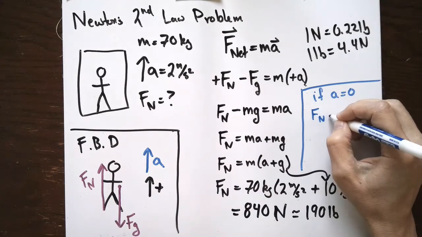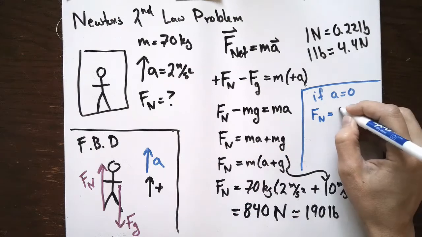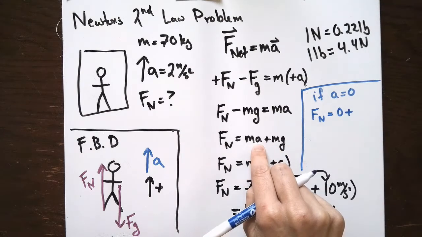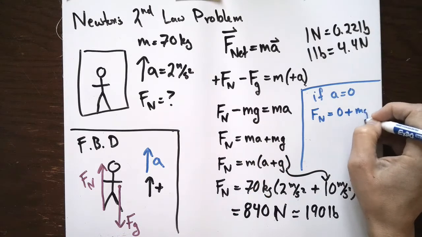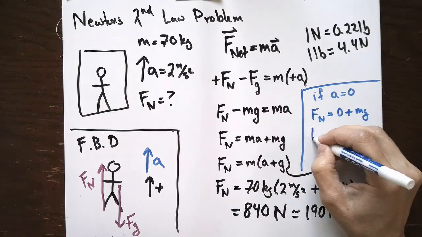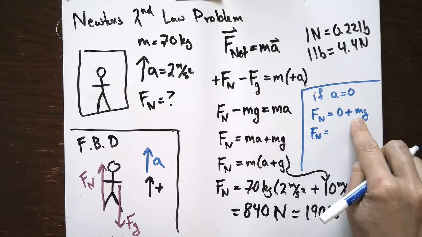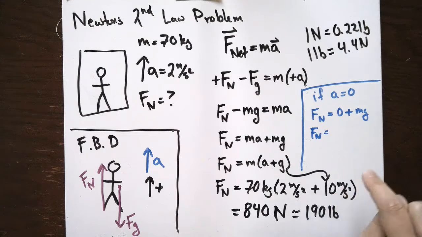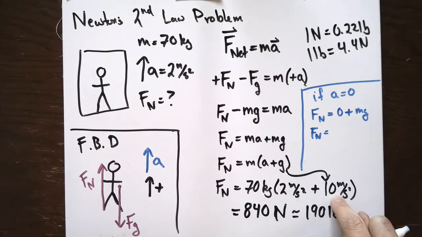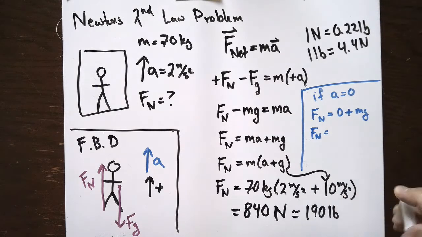Then the normal force would, well, this would be 0, because the acceleration is 0, so 0 times anything is 0. And the normal force would just be equal to his weight, or plugging in here, 70 kilograms times 10 meters per second squared. Remember, we're rounding g, so the math is easier.